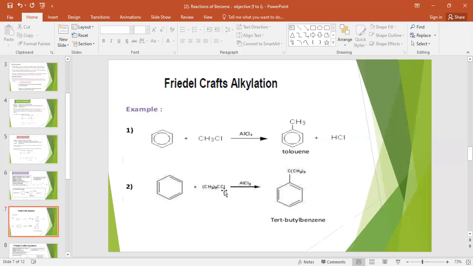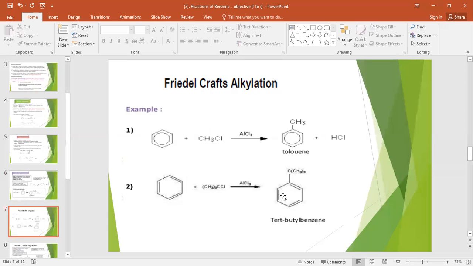Here the tertiary chloride, you can say tertiary compound, C and then 3CH3, then Cl. So we can attach C positive and CH3 will remain the same. This is the electrophile. Just remove Cl from here. You can write positive on carbon and it will attack on the benzene ring.